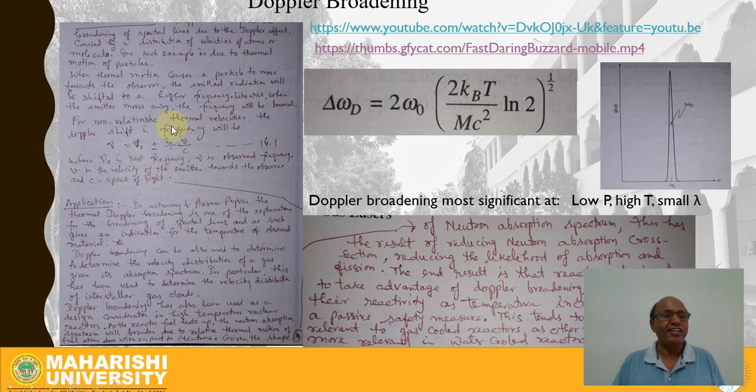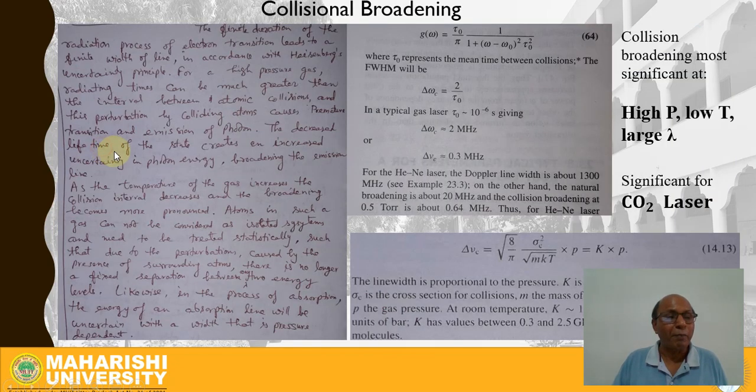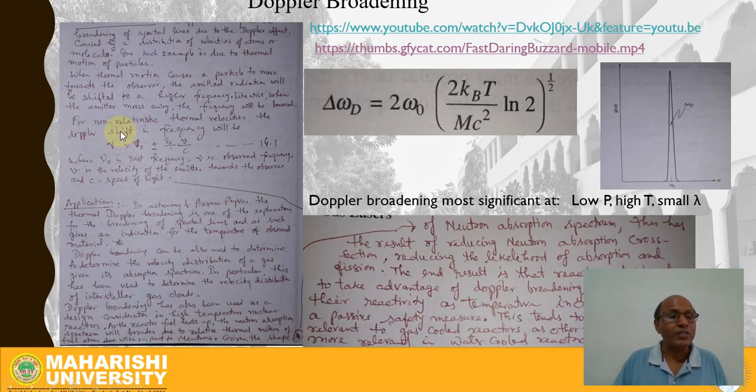So for non-relativistic thermal velocities, that means when this v, the velocity of the emitter, is much less than the velocity of light c, then the frequency will depend upon this formula, where nu 0 is the rest frequency, right? nu equals nu 0 plus or minus nu 0 into v upon c.